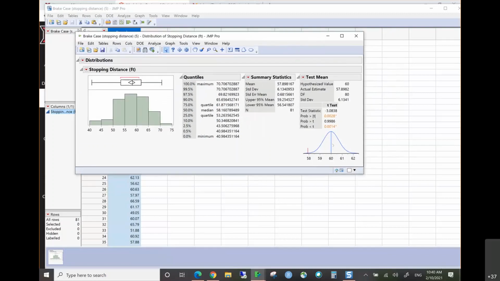Then you will have this output. You will see that your hypothesized value is 60. Your actual estimate, which is our X bar, right? We use the sample mean to estimate the population mean, which is this 57.89, the same here, X bar. We have the degrees of freedom n-1, which is 80.